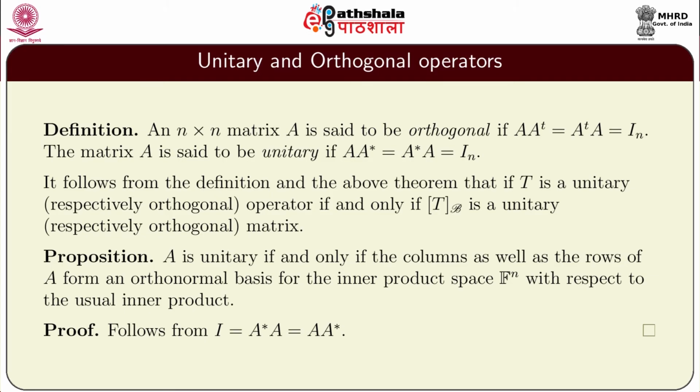The proposition says that A is unitary if and only if the columns as well as the rows of A form an orthonormal basis for the inner product space F^n with respect to the usual inner product. The proof is simple and it follows from I is equal to A star A is equal to A A star.